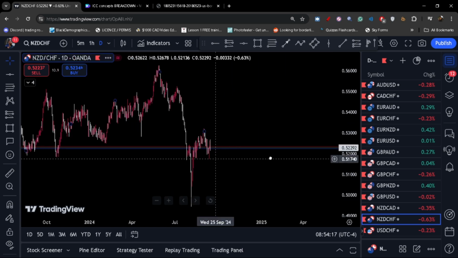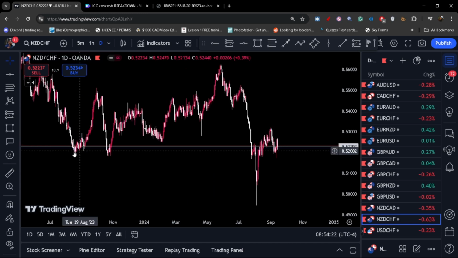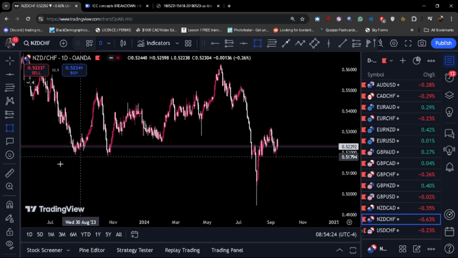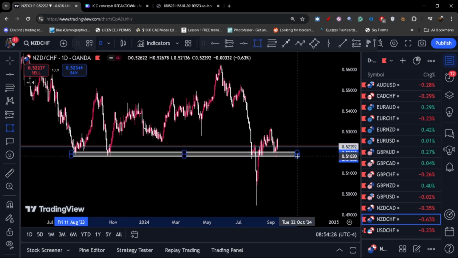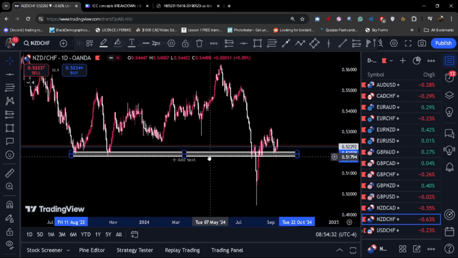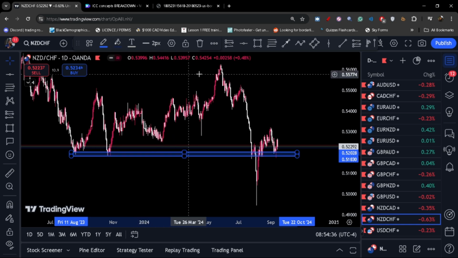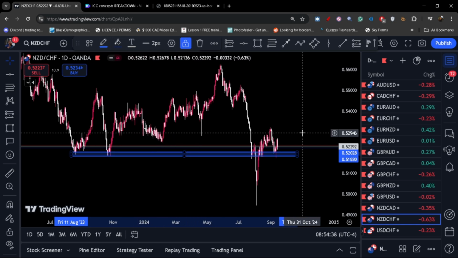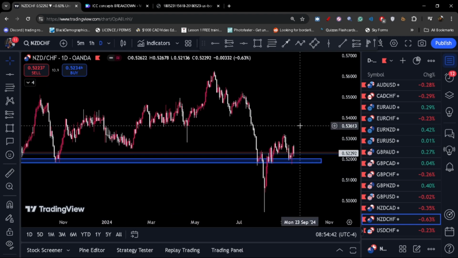In the daily time frame right now, I can clearly see that this area here, above this area price is buying. Below this area price is selling. Boom, boom. And then let me see what else I can see. I can see something here.